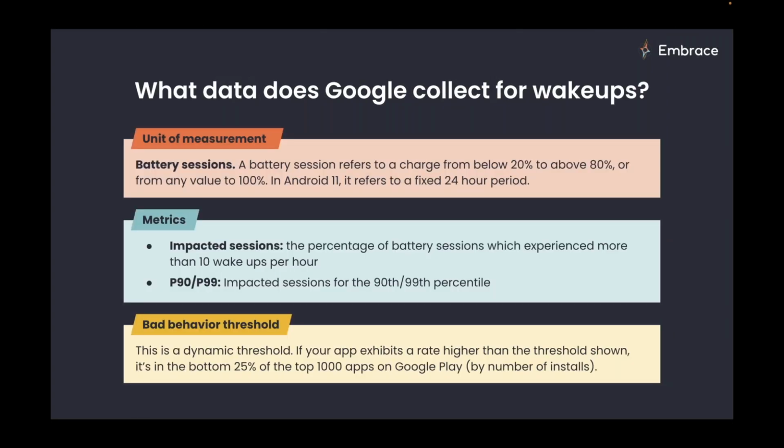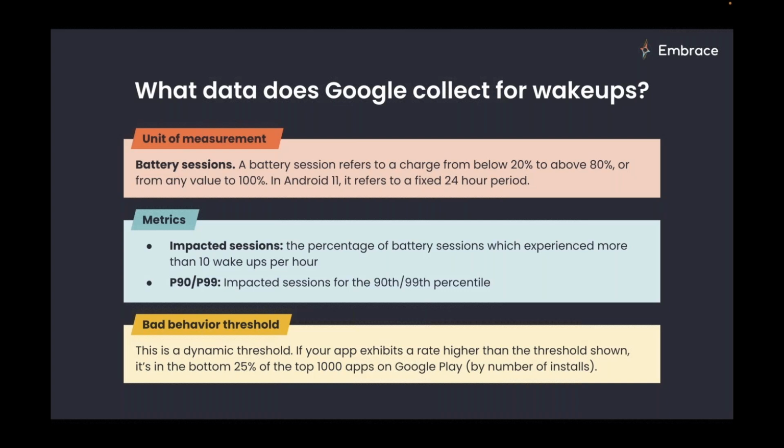In terms of the data which Google actually collects for this metric, there's an interesting unit of measurement, which is a battery session. The definition for this is quite wordy. A battery session is a charge from below 20% to above 80%, or from any value to 100%.